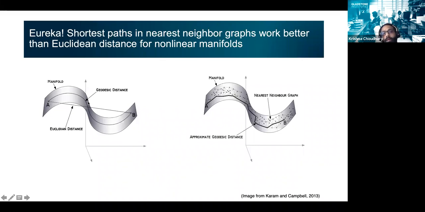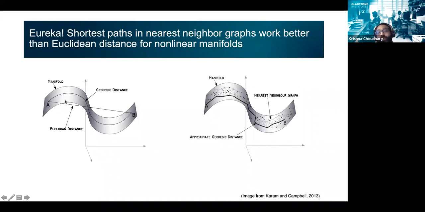So if our data cloud is structured in a nonlinear fashion, then our assessment of distances along straight lines is not a good measurement. Ideally, we would want to measure what is called the geodesic distance, which follows the structure of the space in which the data is actually embedded, the kind of nonlinear topological space in which the data is embedded.